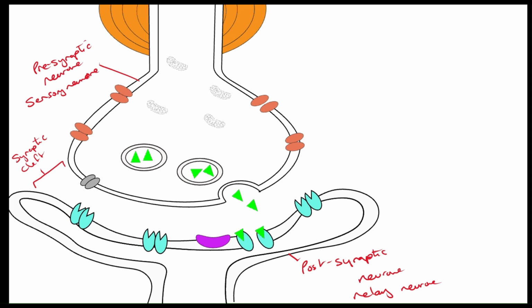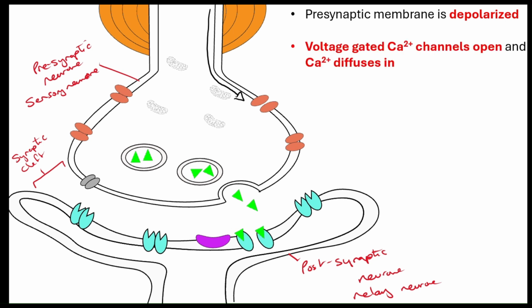So they're assessing that you understand that your presynaptic membrane is going to be depolarized. So what we've got is this depolarization of our presynaptic membrane. And when we get to this part here, what we actually find is that we have some voltage-gated calcium channels. And those voltage-gated calcium channels are going to be activated to open, and then calcium is going to move into our synaptic bulb.